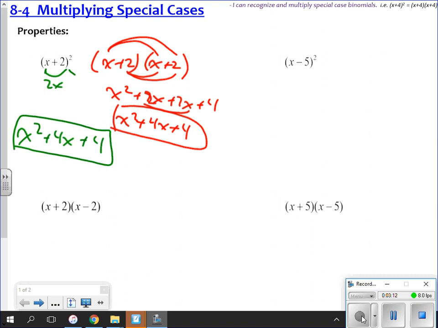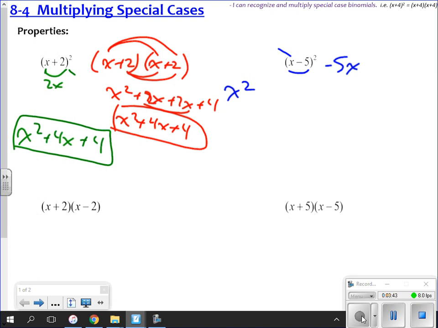Shortcut on the next one. I square my first term and get x squared. Multiply the 2 terms: x times negative 5 gives me negative 5x.